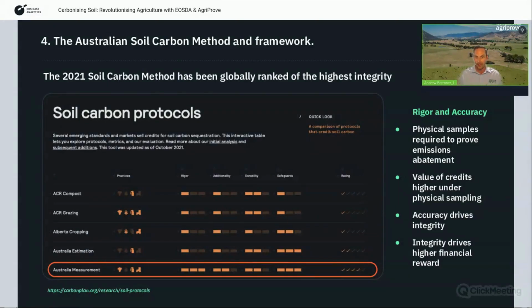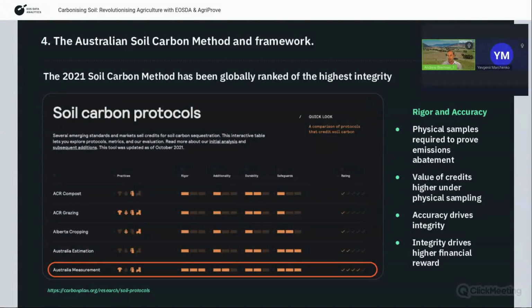While operating in a high integrity framework is ultimately beneficial for the market, for those that generate the credits through sequestration, and those that trade and purchase credits as well, it does pose some challenges, and we'll talk more about that. Particularly with being a physical sampling based system, it can create more cost to sample.